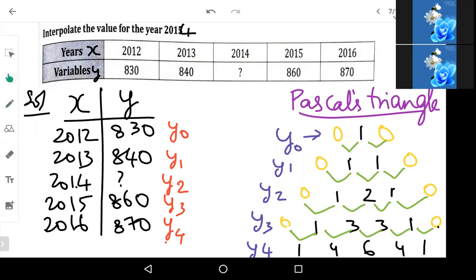So y0 is only 1, y1 is 1 and 1, y2 is 1, 2, 1, y3 is 1, 3, 3, 1, y4 is 1, 4, 6, 4, 1. These will be the coefficients as per the Pascal triangle. Now, did you understand until here? Any doubts until here?